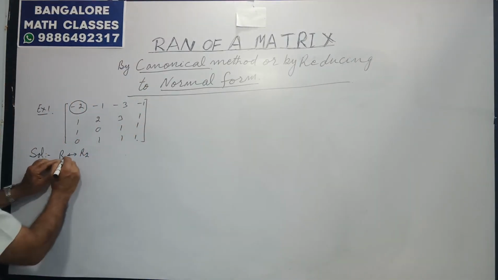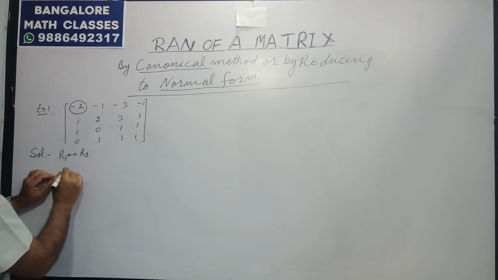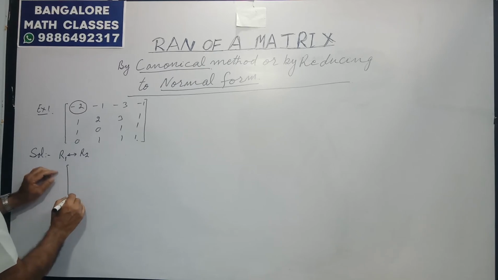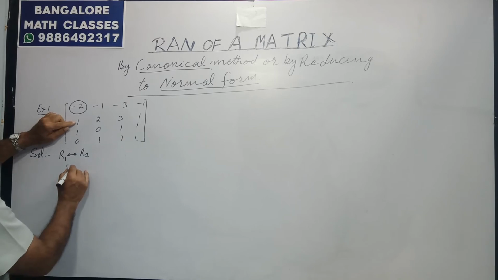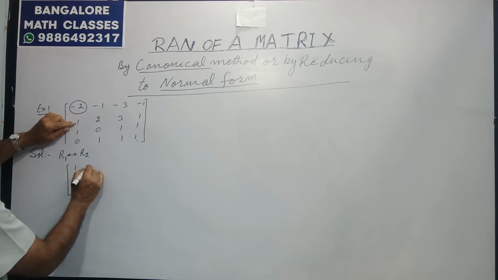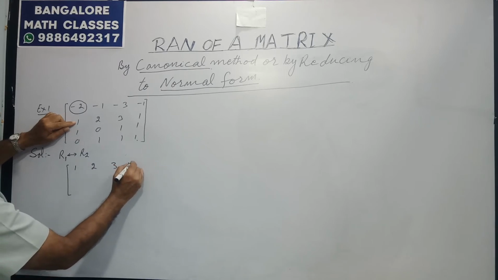So what I want now is R1 to R2 and R2 to R1. Write down R2 first: 1, 2, 3, 1.